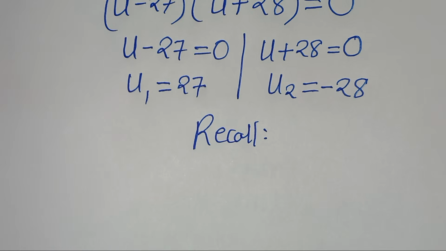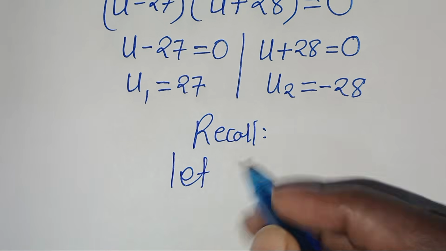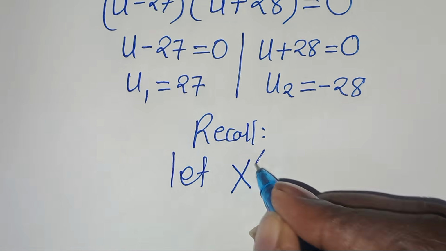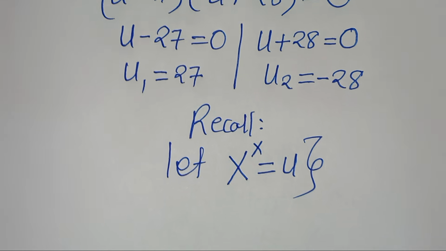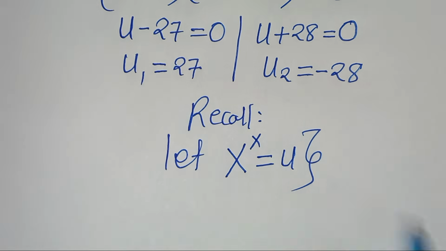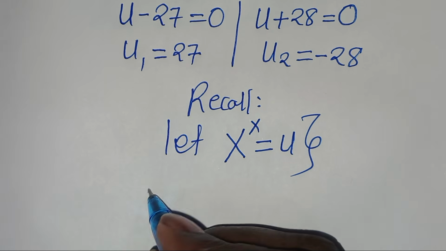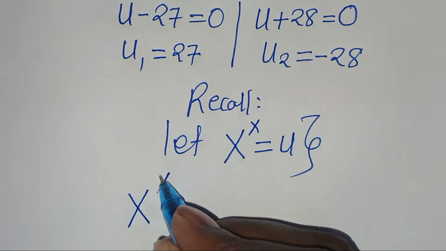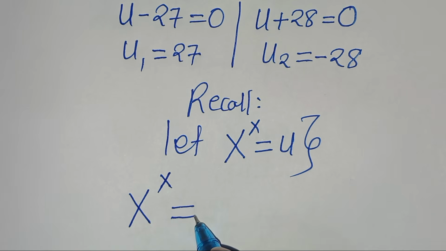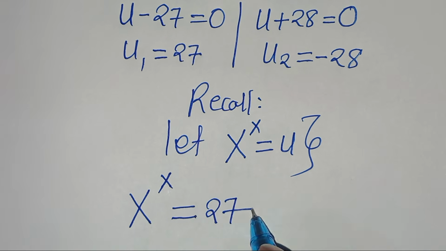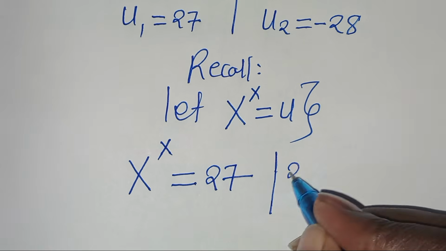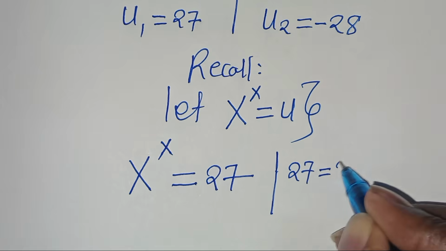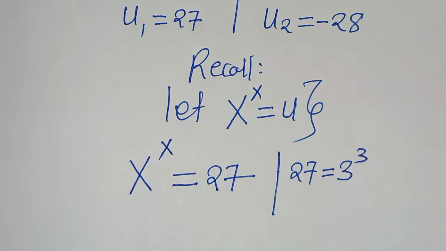Now, the next step is that if you recall, we let x to the power of x be equal to u. Let's start with u1. We have x raised to the power of x equal to 27. Now, 27 can also be expressed as 3 raised to the power of 3.